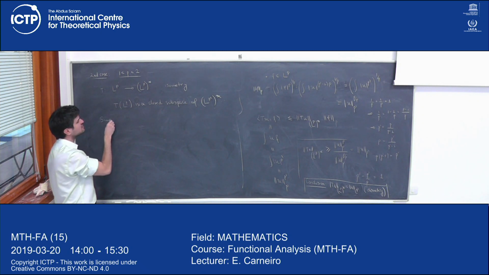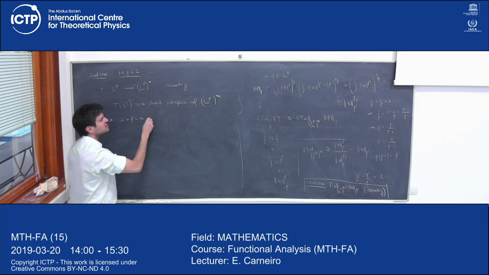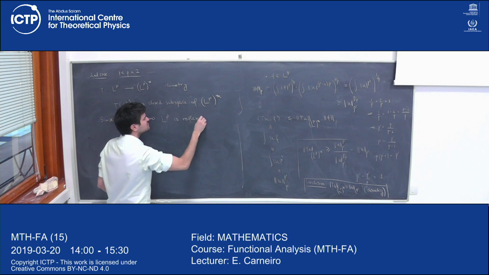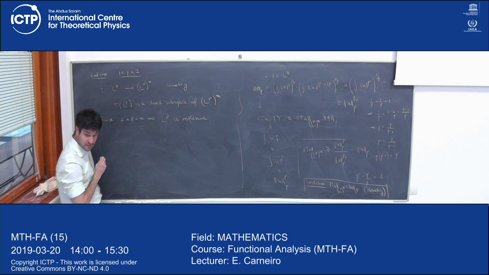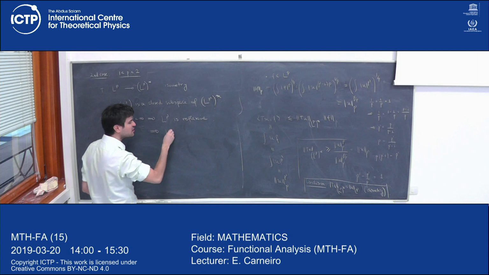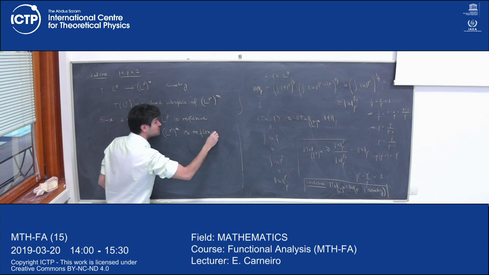Since 2 is less than or equal to P prime, less than infinity, we know that LP prime is reflexive. We have already proved that if our space is reflexive, then its dual is reflexive. So I am starting to use a lot of the results that we have proved.